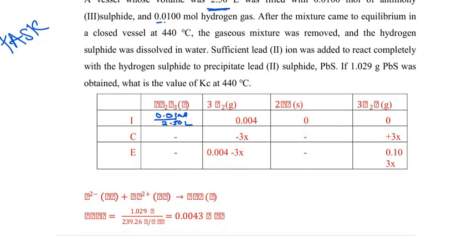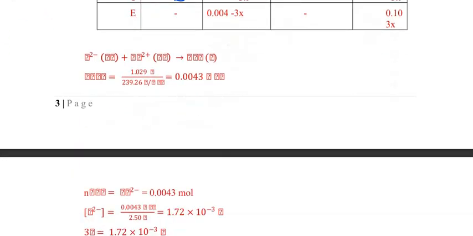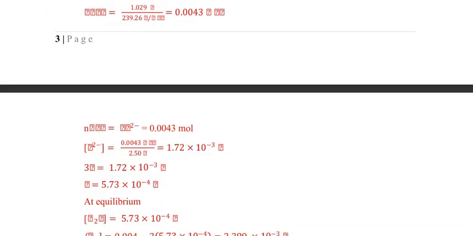The equation is balanced, so the change here will be negative x, and then plus 2x. Also, sufficient lead was added to react completely with the hydrogen sulfide. So here there are two questions in one. The first thing you need to do is to get the change, the x value.